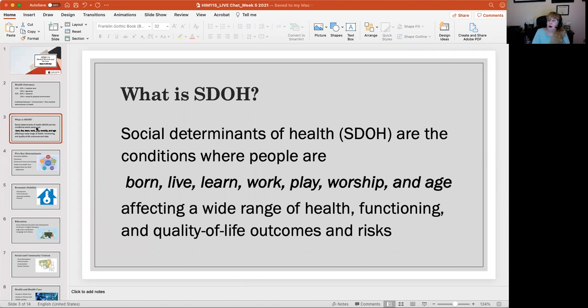These are conditions that surround every person every day that directly affect their health, their functioning, and most importantly, quality of life. And I say that is so important because if you don't have quality in your life, is it really life?